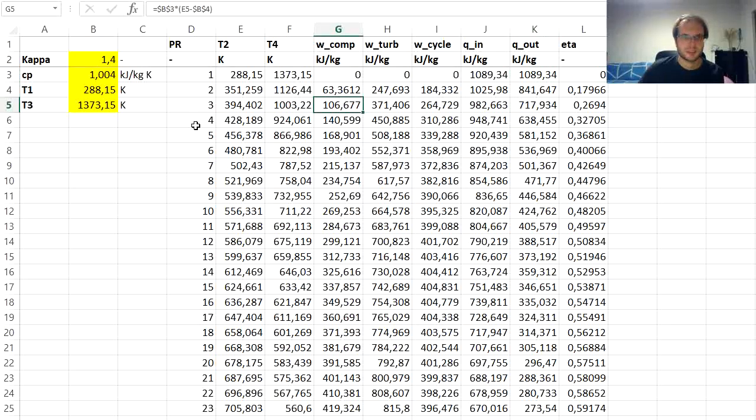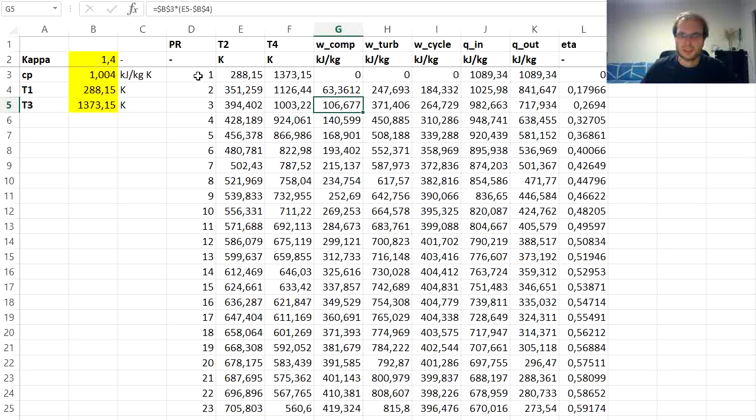Then as the pressure ratio increases, we can see that the temperature after the compressor is going up, and the temperature after the turbine is actually going down. Work of the compressor is increasing, work of the turbine as well, and for the unit heat input, heat output, and the work of the cycle, we will see how it works, also how it works with the efficiency.